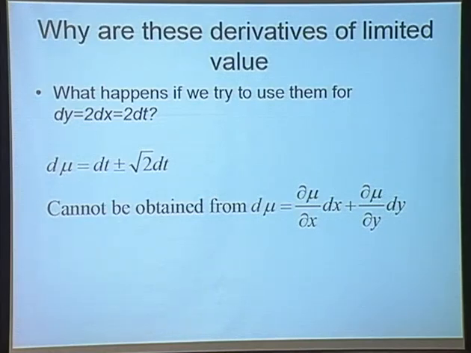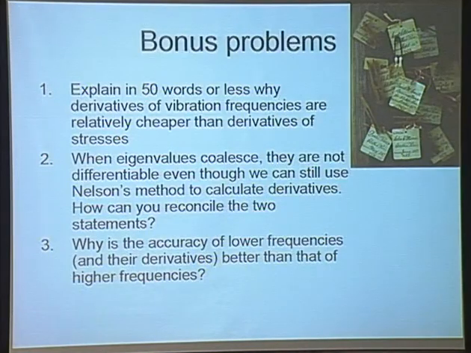Okay, so let's look at some of the questions that I put as bonus problems. What I want you to be able to explain to other people is why the derivatives of vibration frequencies are such a bargain. That is, if you are designing something subject to vibration frequency constraint, take the trouble to calculate them analytically instead of by finite differences because they are cheap.